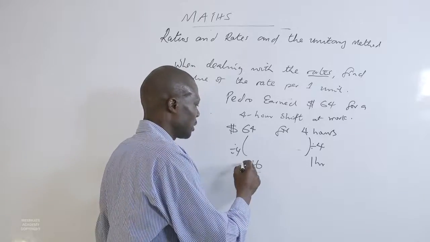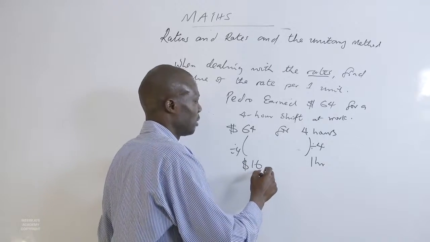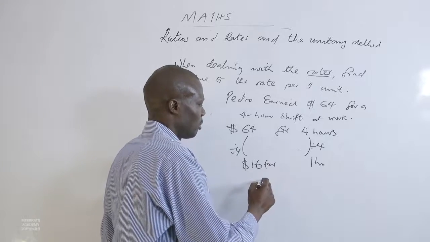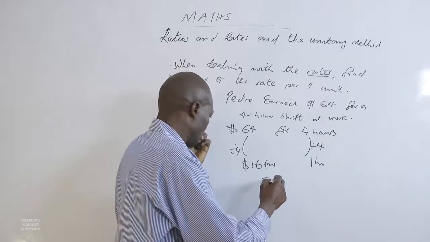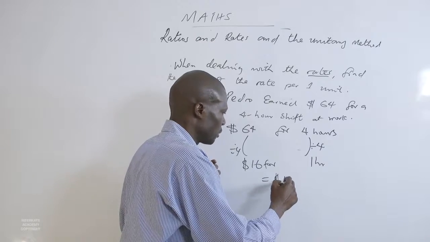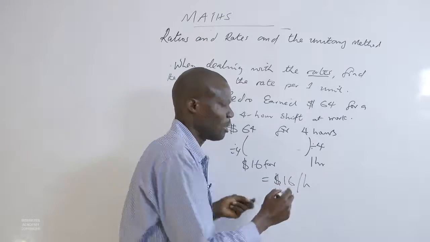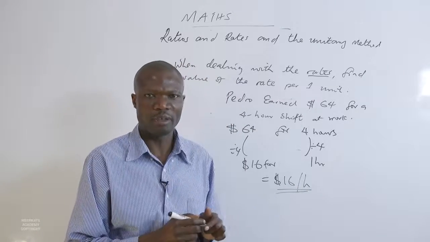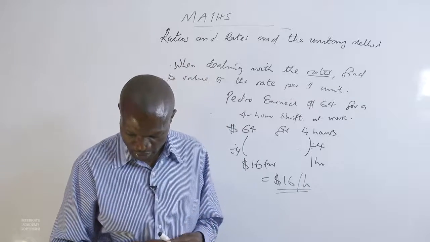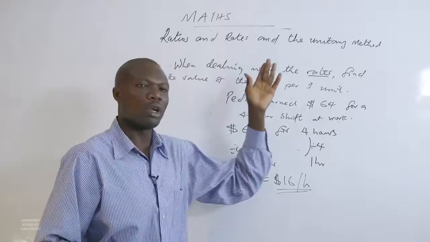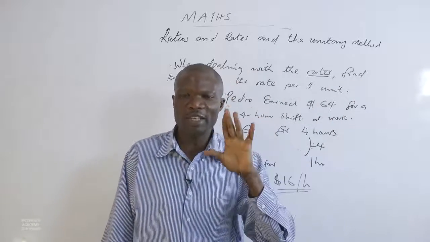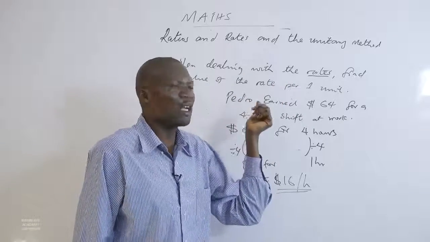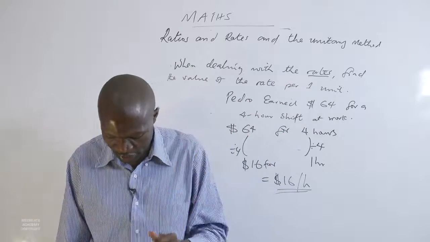So this is $16 for 1 hour, which is equivalent to $16 per hour. So this is rate per unit. That's why we are saying, when dealing with rates, it is advisable that you first look for what we are calling rate per unit.